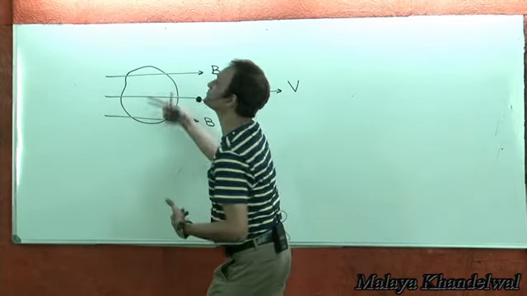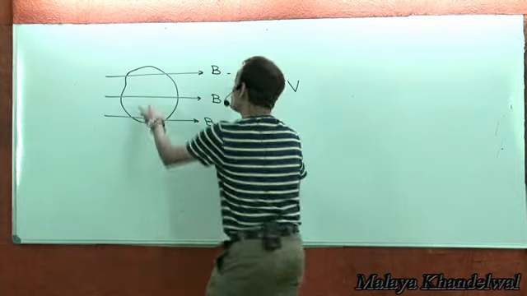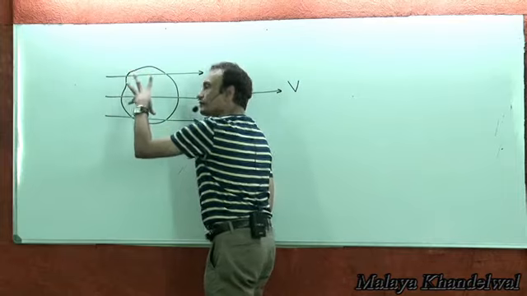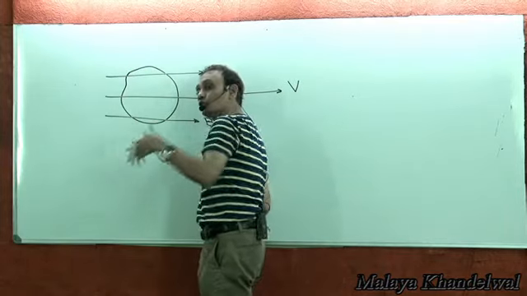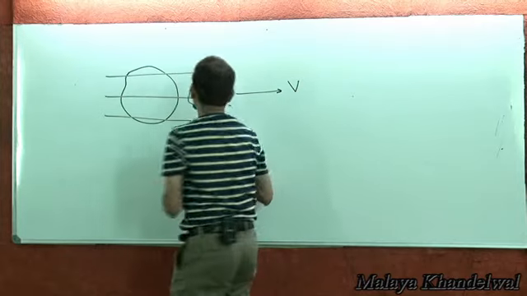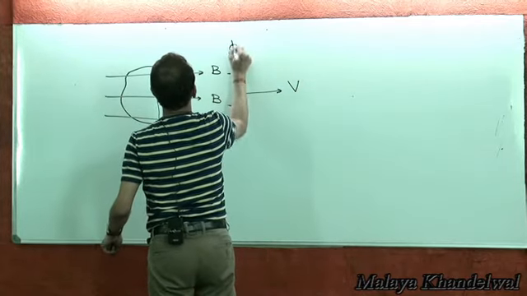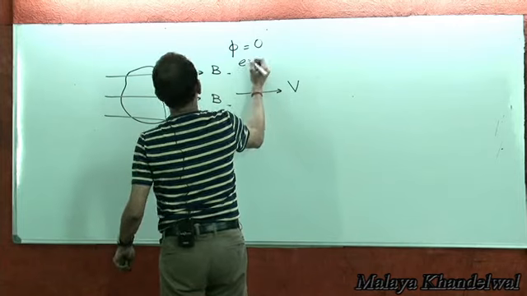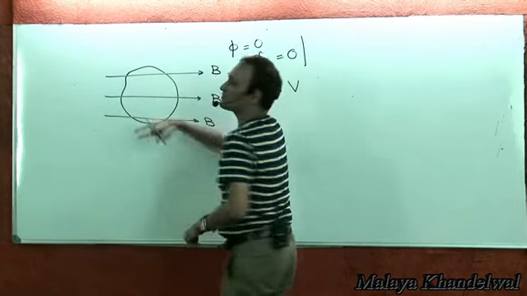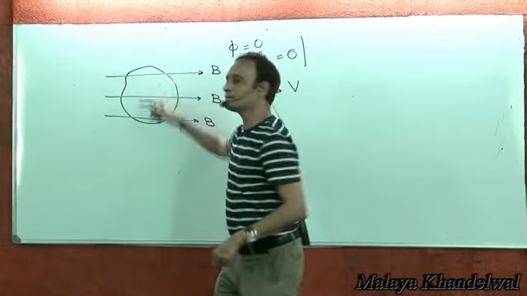What would be the EMF generated in this loop? 0, because there is no flux associated. Realize the B going through the loop, perpendicular to the loop, the flux lines cutting the loop, is 0. So phi is 0, and it remains 0. EMF generated is 0. There would be no current in the loop, right?